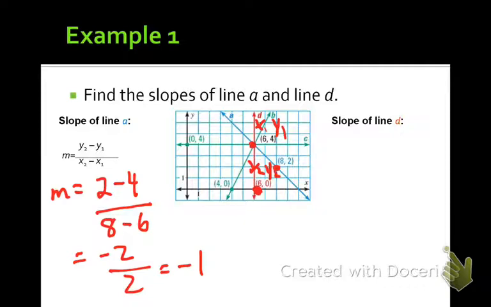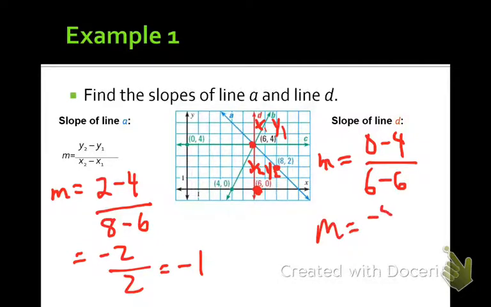If I plug into my formula, y2 would be 0 minus 4 and x2 would be 6 minus 6. So I end up with m equals negative 4 over 0.